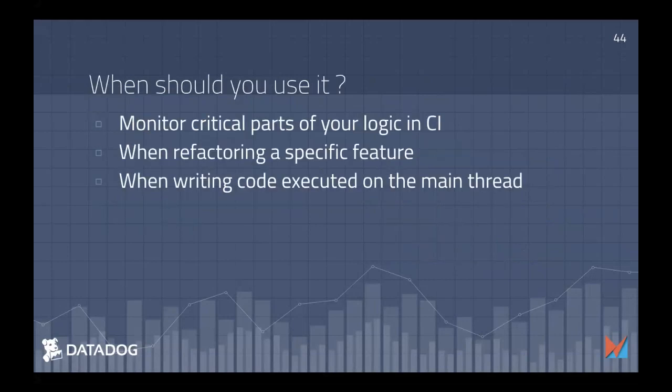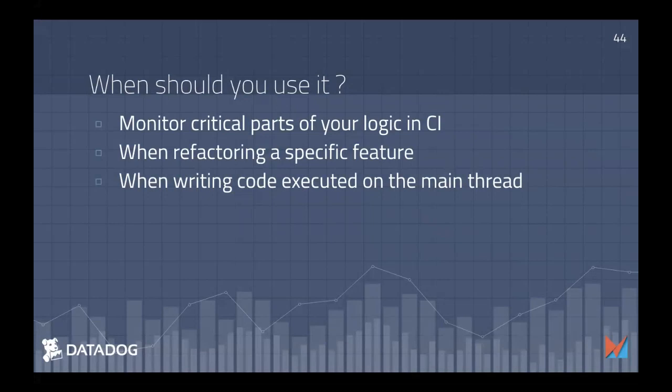So when should you use it? You can use it to monitor critical parts of your logic in the CI, which is what we do, as I said. You can measure how long some specific and critical parts of your code take to compute, and make sure that it's not going to slow your main thread. You can use it to refactor a specific feature. As I mentioned in the beginning of this talk, when you do a refactoring, you want to measure before and after.